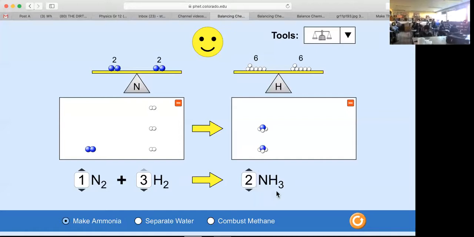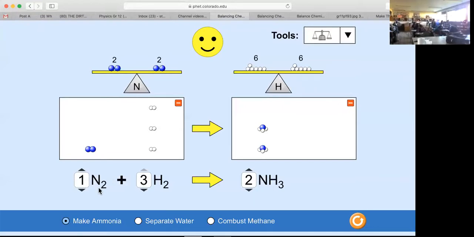Now guys, what I want you to do is work out how many grams of nitrogen react with how many grams of hydrogen to form how many grams of ammonia. And if you haven't got a periodic table, I guess I could just read it off for you. It's so simple.